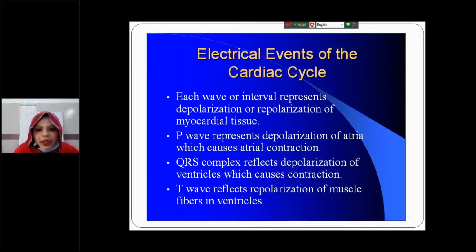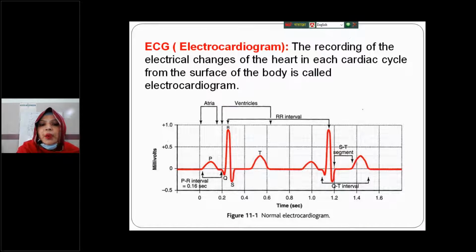We mentioned atrial depolarization, ventricular depolarization and ventricular repolarization, but we didn't mention atrial repolarization. What about atrial repolarization? Always remember that it merges with the QRS complex. See here, the P wave represents atrial depolarization, the QRS complex represents ventricular depolarization, and the T wave represents ventricular repolarization.